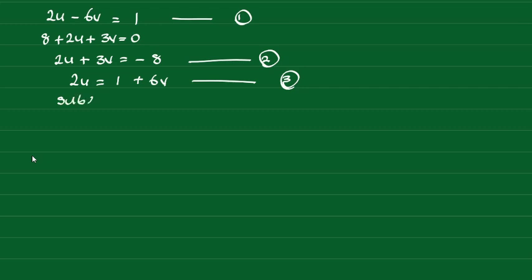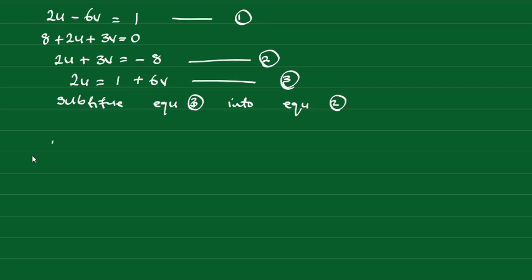So the value from equation 3 takes the place of 2u in equation 2.